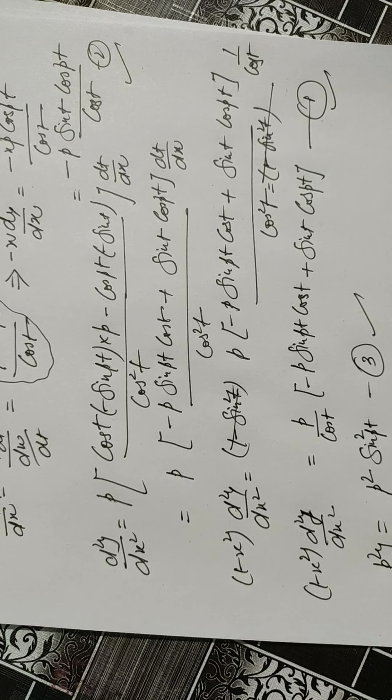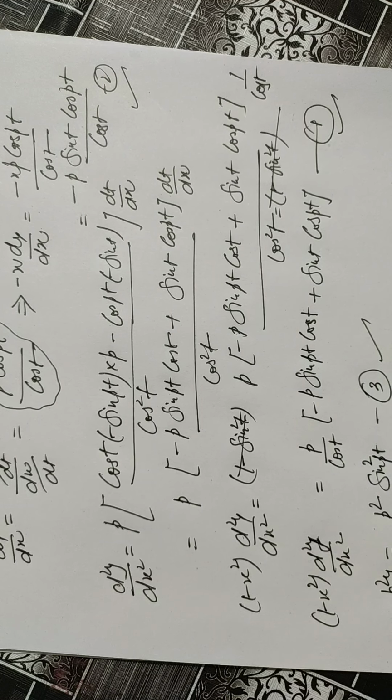If we come to the right hand side, this term contains p by cos t. We are breaking the bracket. It becomes minus p square sine pt. If we open this, it becomes plus p sine t cos pt. This is the first term when we open this bracket.